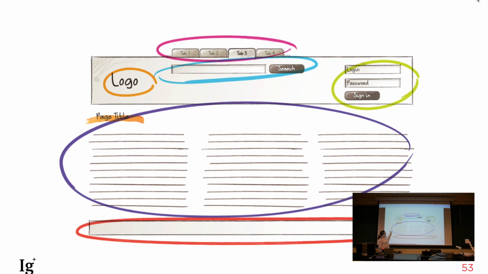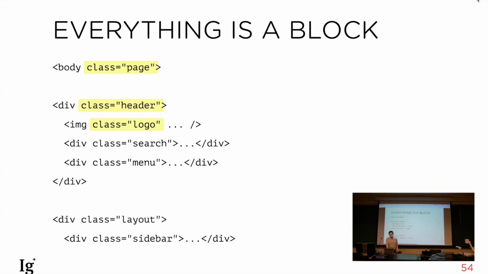It says that each meaningful element on the page, a piece of interface, is a block. And in HTML, okay, my highlighting is not visible, I will show it. Here I highlight class something.